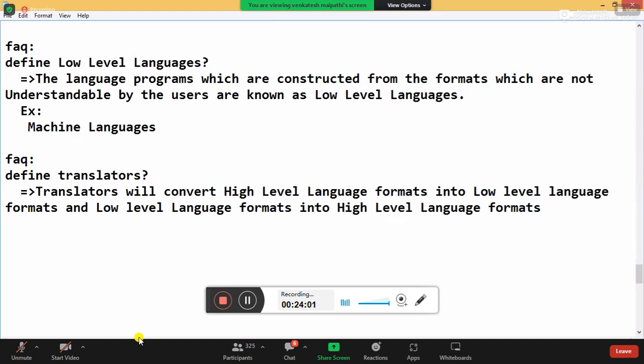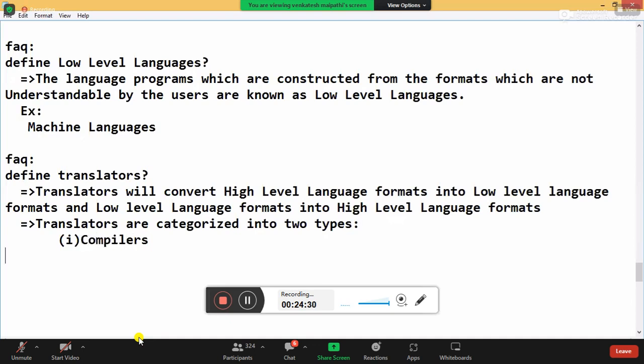Make a statement: translators are categorized into two types, compilers and interpreters. Two types will be there.